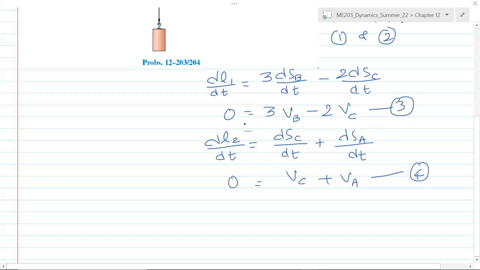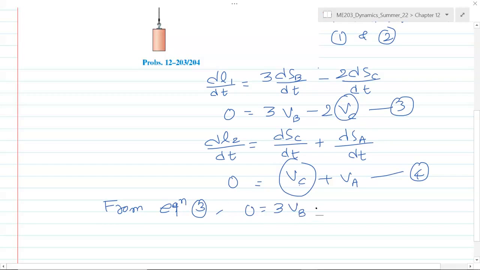Now we can eliminate the VC from both these equations by substituting VC is equal to minus VA into equation 3. So from equation 3, 0 is equal to 3VB minus 2 times minus VA. Therefore, 3VB plus 2VA is equal to 0.